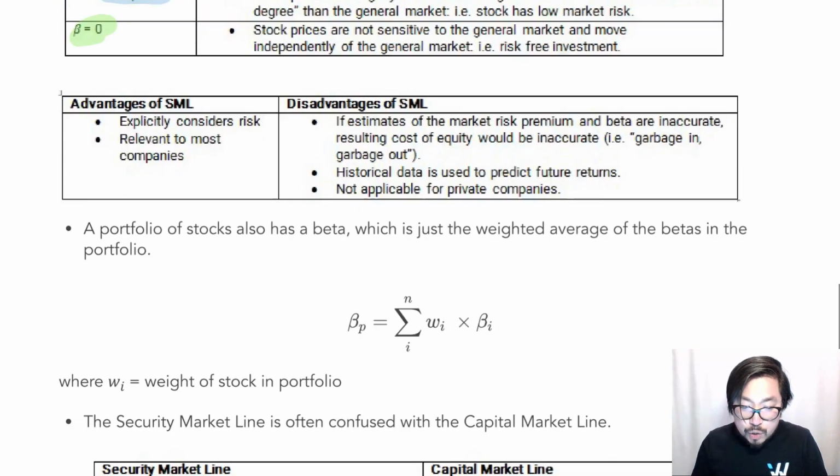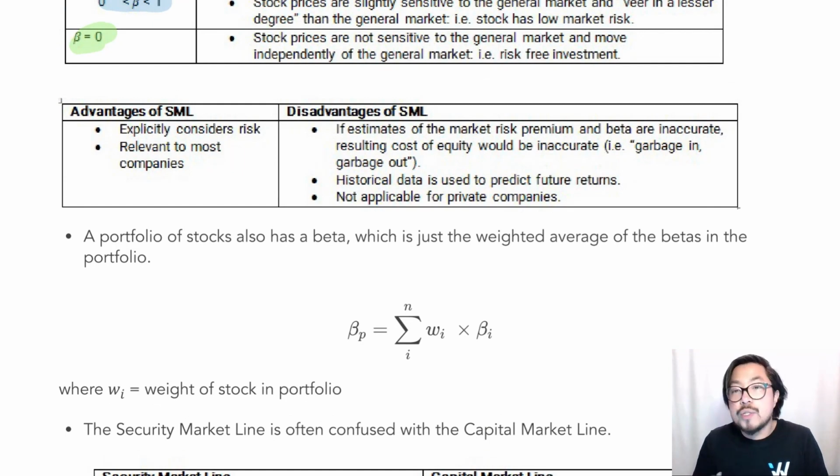Here is another table that shows some of the advantages of the SML, using the SML equation to calculate the expected return of a security, and thus using that expected return to value the security or the asset that we're examining. The SML explicitly considers risk in the form of market risk, and it's relevant for most companies, especially those ones that are publicly listed. And some disadvantages of the SML: if the estimate of the market portfolio and the betas are inaccurate, then essentially we're getting garbage out because we're putting garbage in.